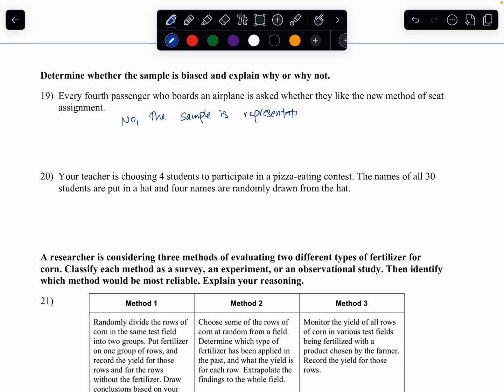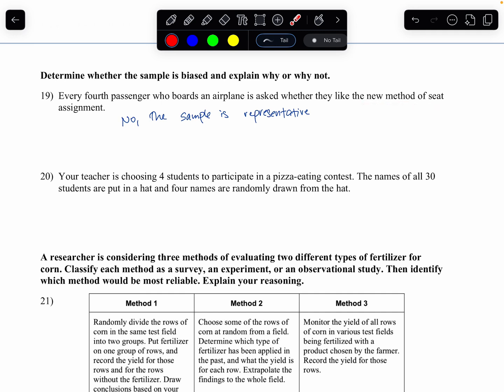And a lot of students will say, well, what if you have a bad seat? What if you have a good seat? Well, that's kind of the idea, that you want input from everybody. If every fourth passenger is asked, you don't know what kind of seat they have, and they're being asked whether they like the new method. Some people might say yes, some might say no. But that's the idea.